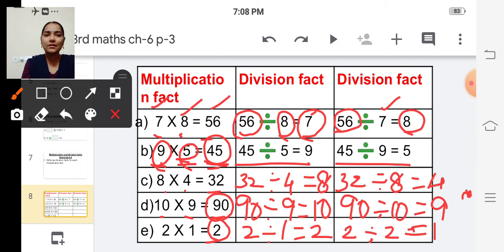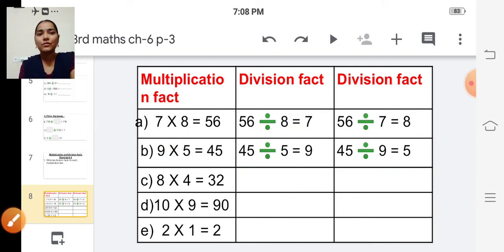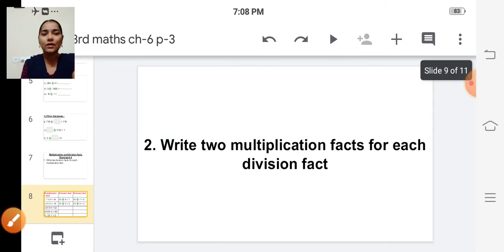So these are the two division facts for 2 into 1 which is equal to 2. So you can copy down these in your textbook. Okay. Have you all understood, children? Yes. So we shall move on to the next one.